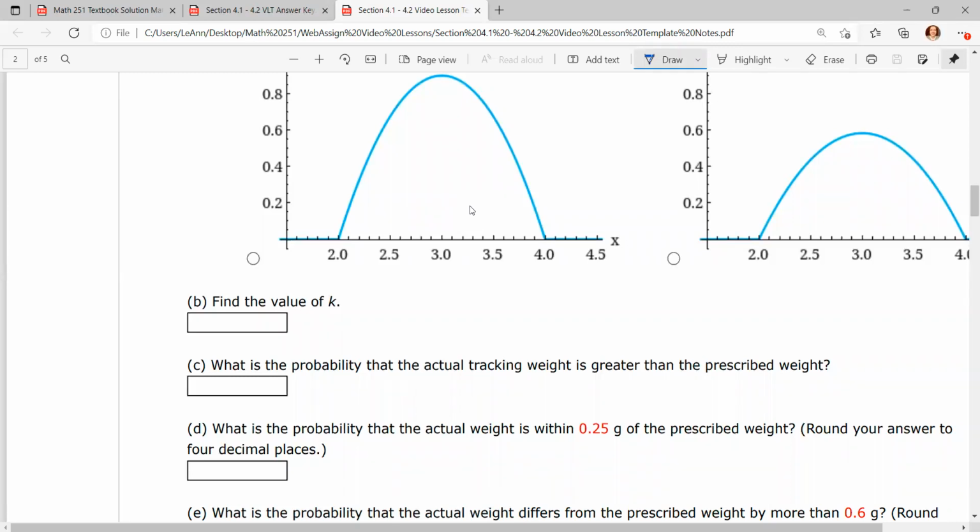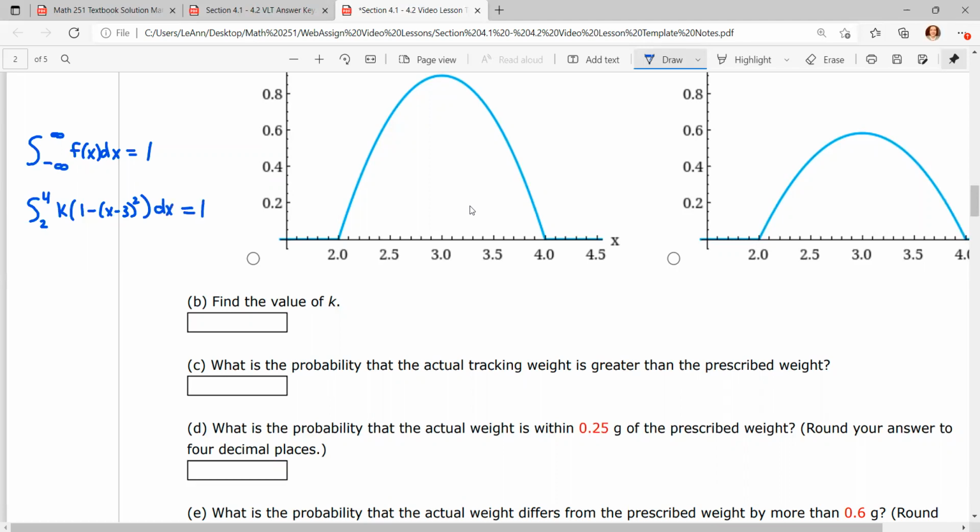So the true part is that the integral from negative infinity to infinity of f of x dx should equal 1. So we're going to set our integral, which ours is only defined from 2 to 4, of our function, which is k, parentheses, 1 minus quantity x minus 3 squared dx, equal to 1.